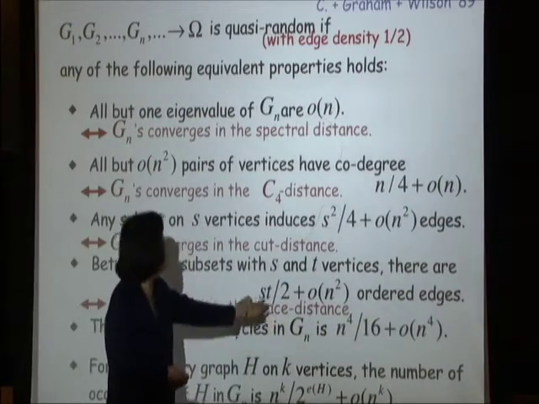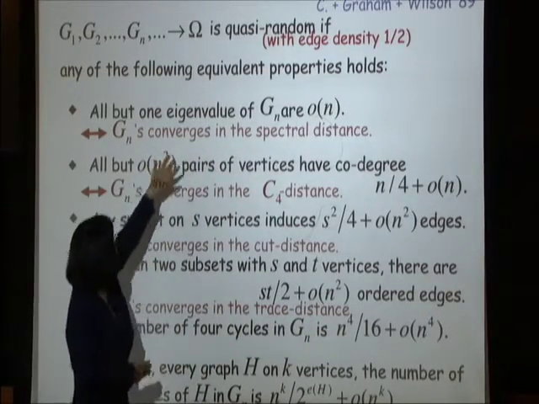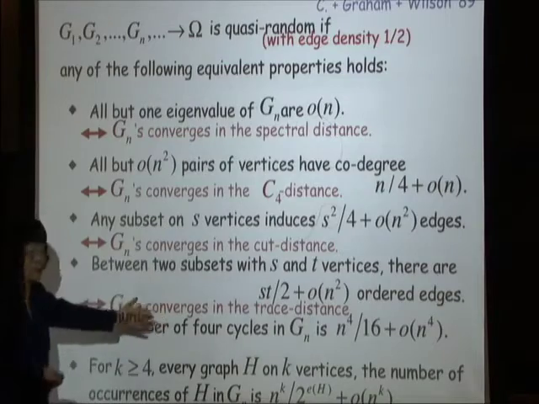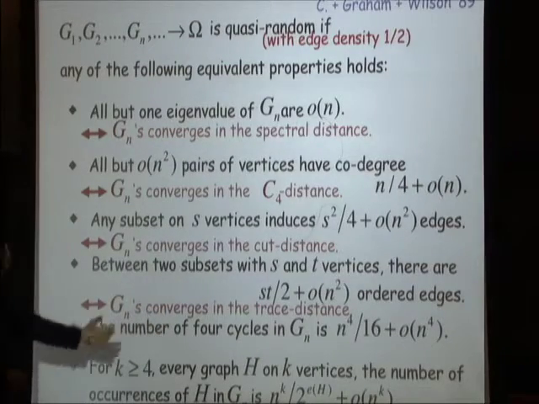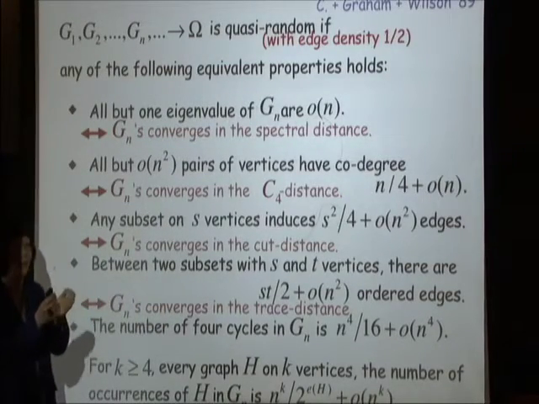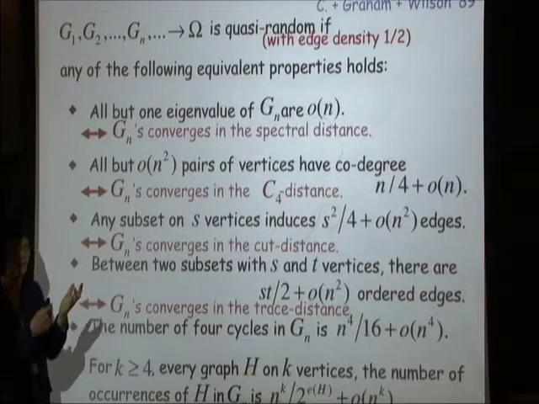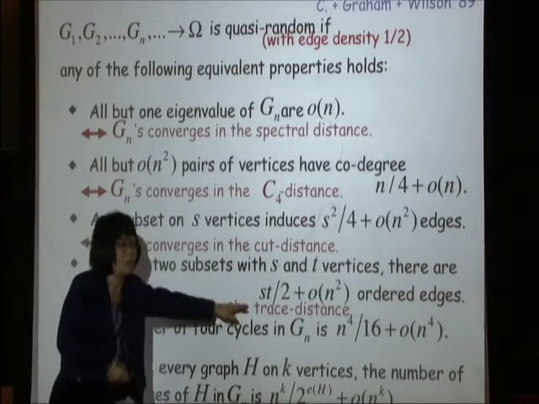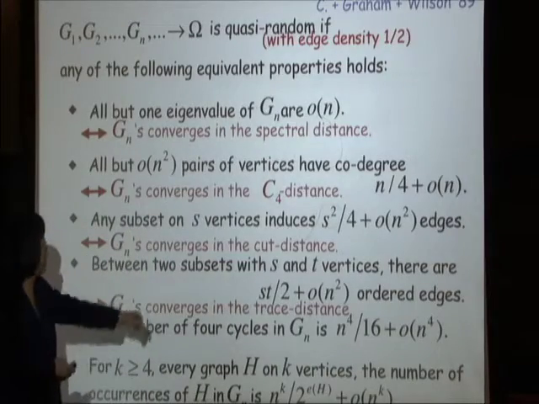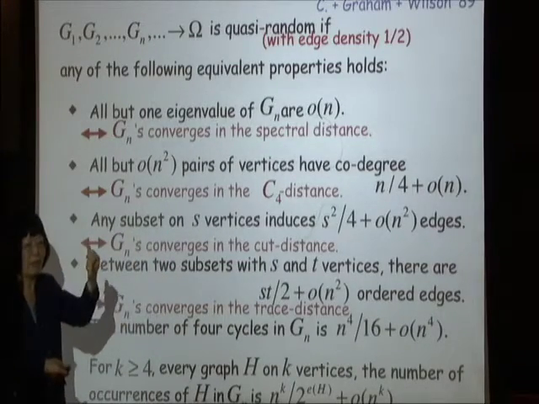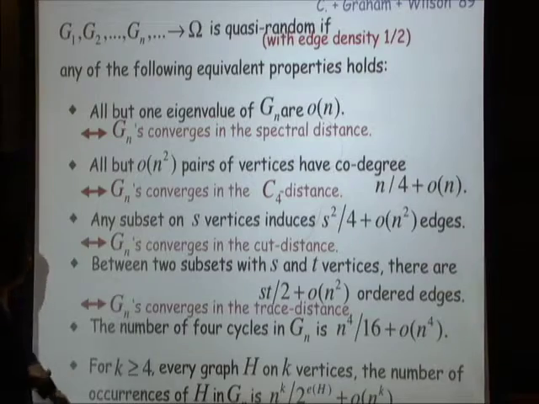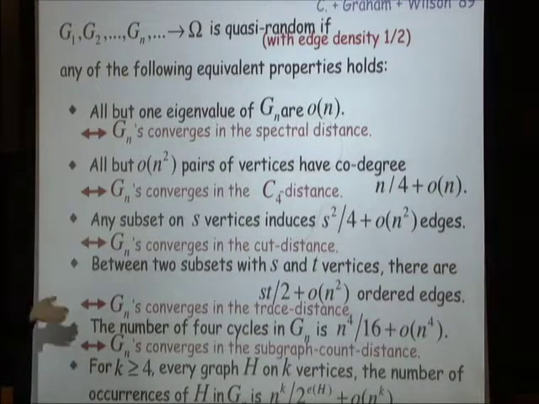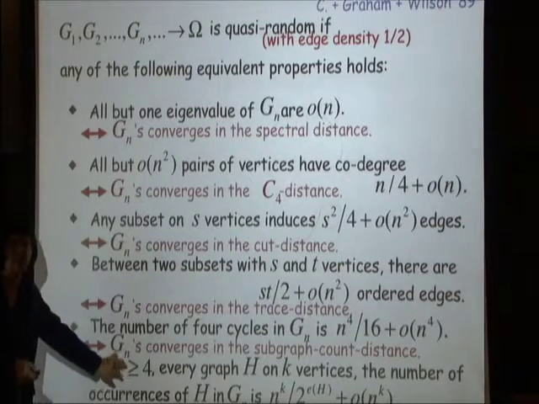The trace usually is bigger than the eigenvalue, but for dense graphs it turns out to be the same. All the accumulation of the other little eigenvalues didn't make any difference. This is the sum of the fourth powers of all eigenvalues. They all drop off, and just the main one is the dominating term. And this is the subgraph count measure.